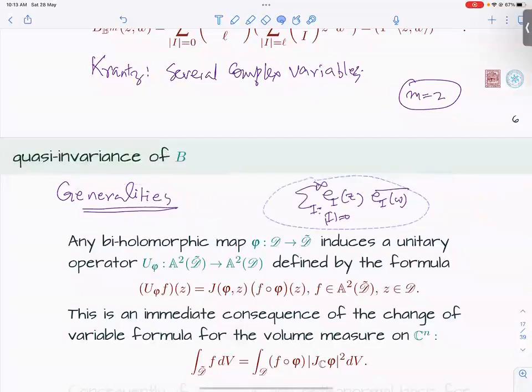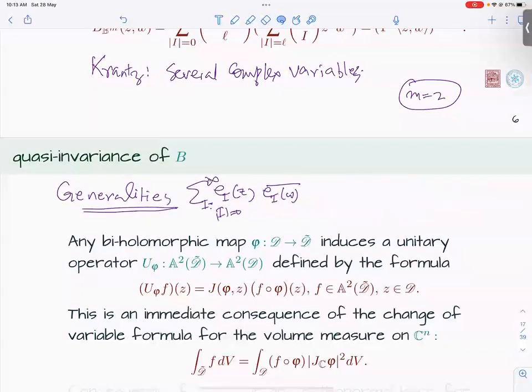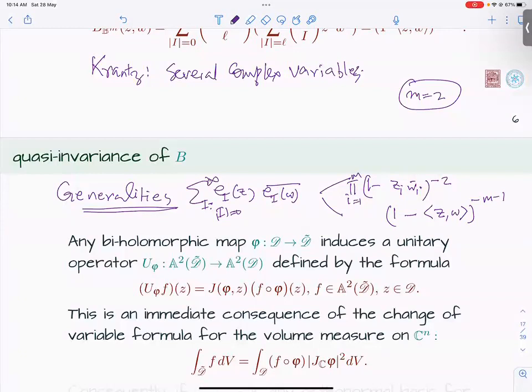In the polydisk case, it is the product over i equal to 1 to m of 1 minus z_i w_i bar to the power minus 2, and in the other case it is 1 minus the inner product of z and w to the power minus m minus 1. Okay, these are the two Bergman kernels. If you put m equal to 2, here there will be only 2 factors, and here this will become a power minus 3.